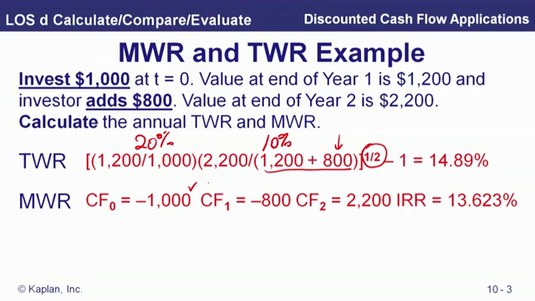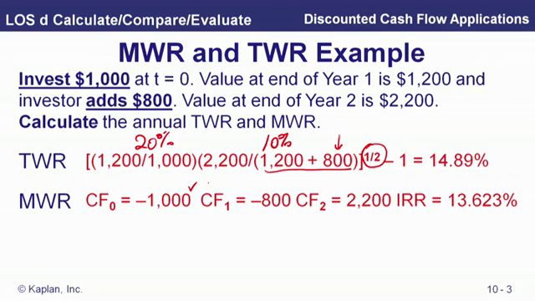Now we've got our last cash flow. That's the ending account value of 2,200, and we're assuming we could take that out. Okay, so that's why we're giving that a positive value. And we solve for the internal rate of return of 13.623%. Notice that the money-weighted rate of return is lower. And it's important for you to understand why that is here.